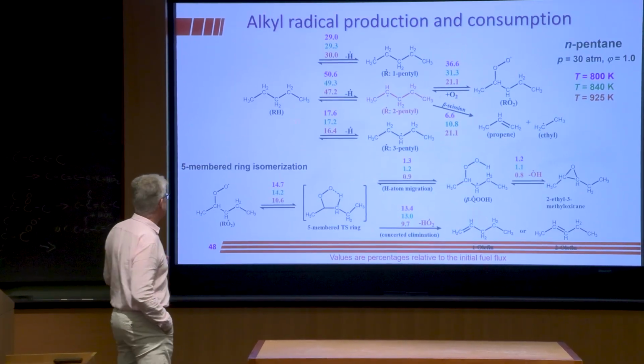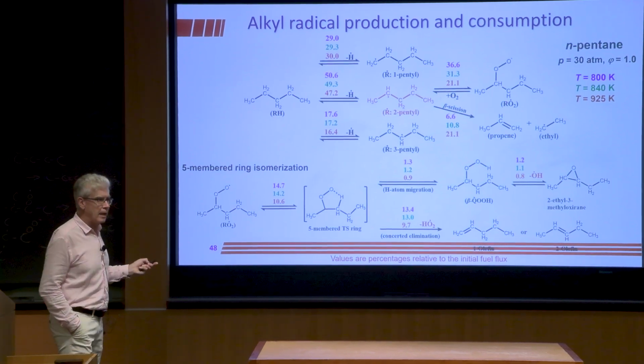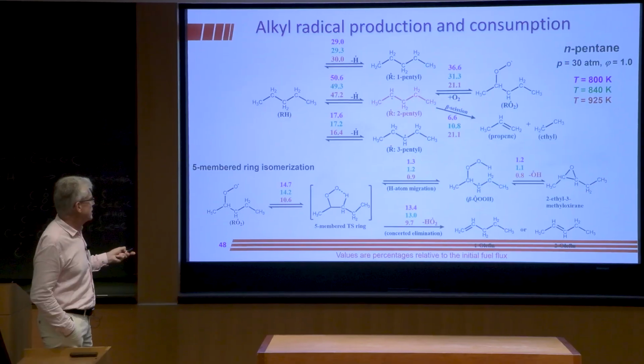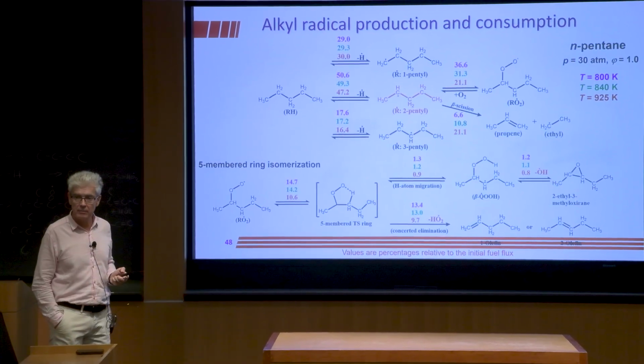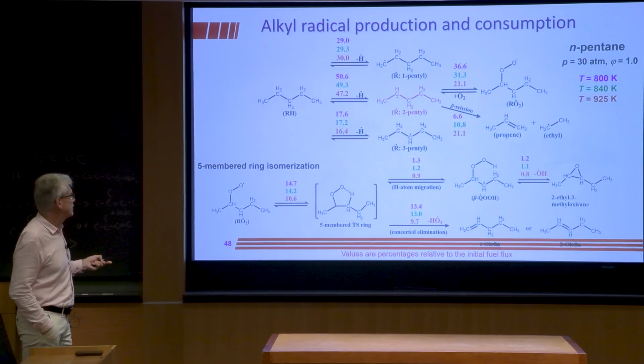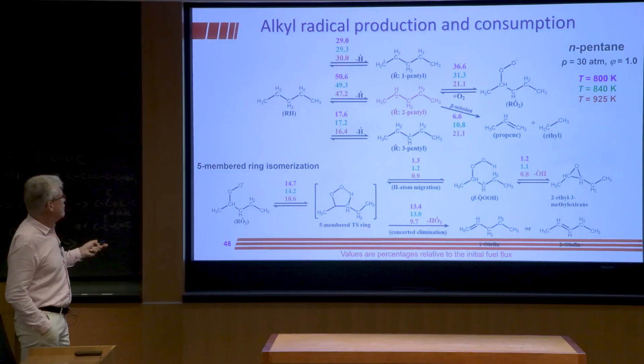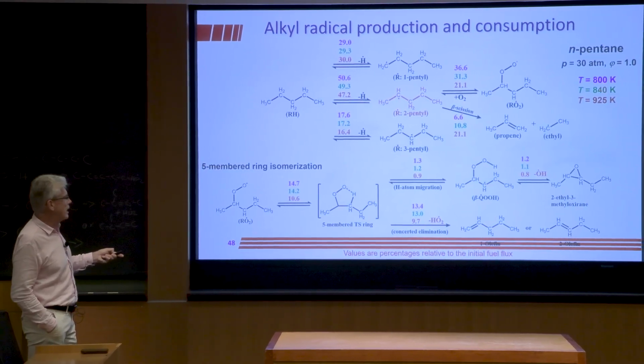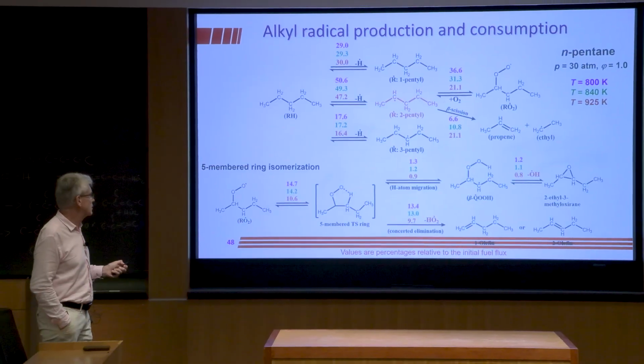But if we look at the fuel, if we look at n-pentane, we can get 1-pentyl, 2-pentyl, or 3-pentyl radicals. Let's try and simplify it. So we're looking here at the flux at 800, 840, and 925 Kelvin.